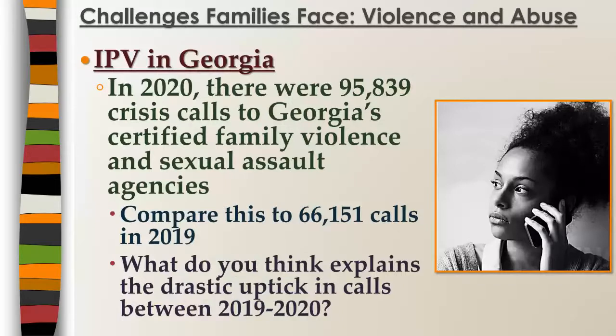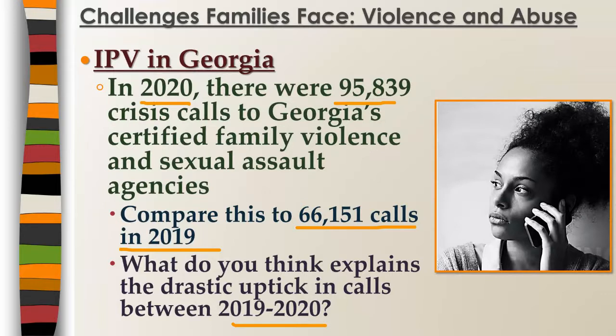All right, now a little bit more on Georgia and IPV here. In 2020, there were 95,839 crisis calls to Georgia's certified family violence and sexual assault agencies. Compare that to 66,151 calls in 2019. What do you think explains the drastic uptick between these 2 years?